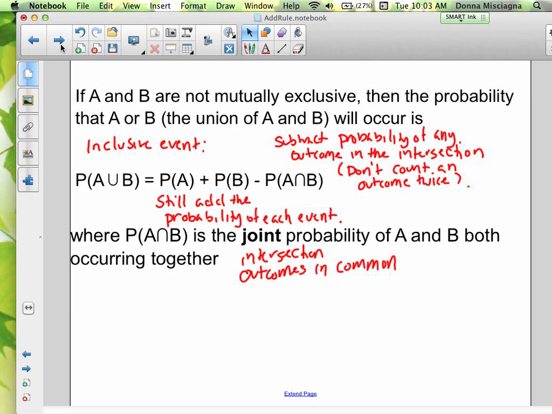That part gets subtracted off. Because if we don't, we're going to count some things twice. And then when you get a probability of more than one, that's not possible, right? Because that's because you counted somebody twice.